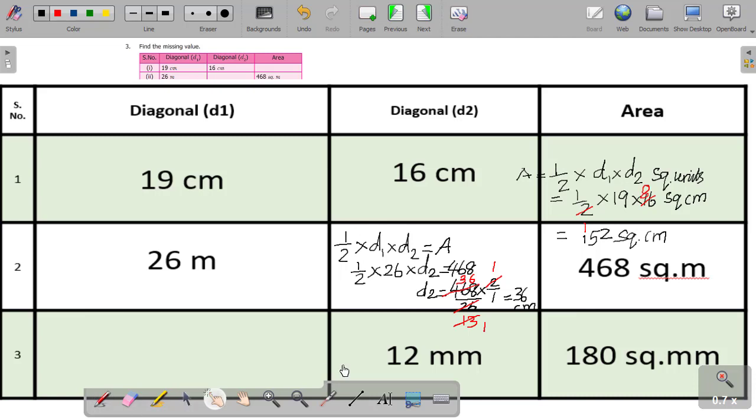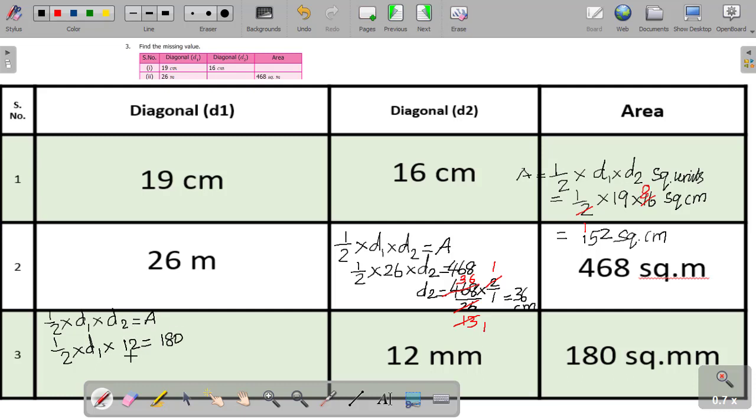Look at the third sum. Diagonal D2 is given, area is given, so we have to find diagonal D1. Again we are using this method. Okay, listen carefully. So what is the formula? Half into D1 into D2 is equal to area. That will give half into D1, we don't know the value of D1, so put as it is, D2 is 12 here, that is equal to area 180.